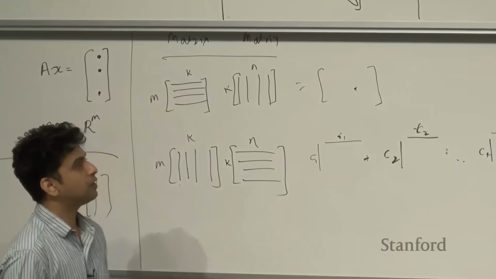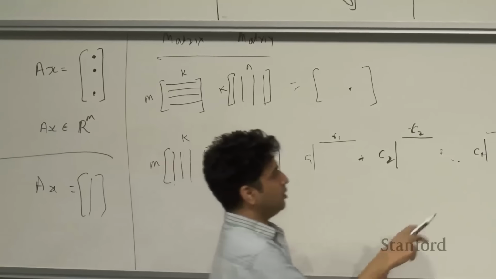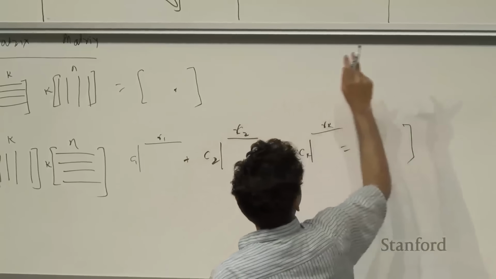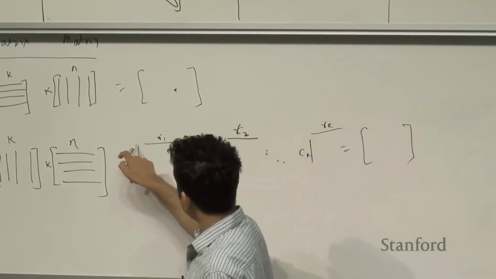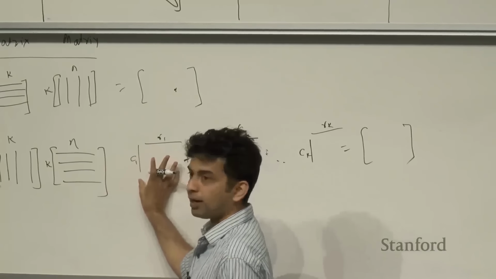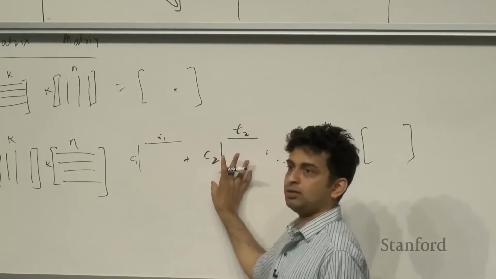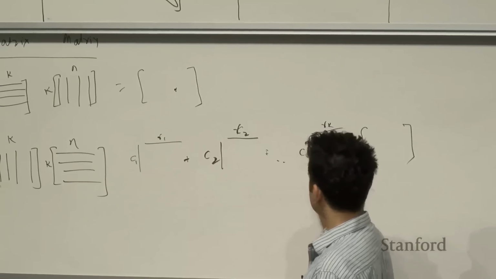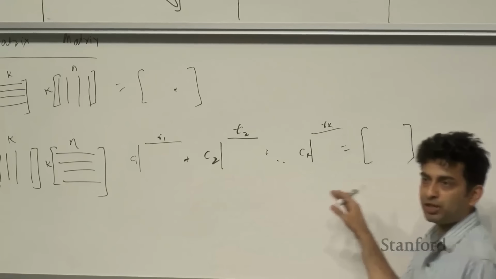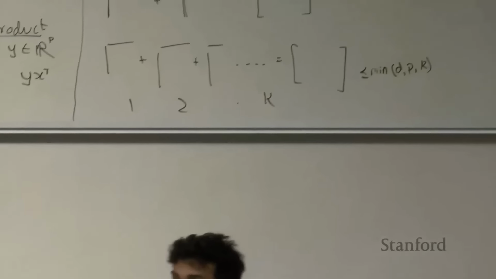Yeah, so the question is, should this be a rank 1 matrix? When you take a column vector and a row vector and take the outer product, this will be a rank 1 matrix. And this is another separate rank 1 matrix, and this is another rank 1 matrix. And when you add k of them, you get potentially a matrix of rank up to the min of m, n, and k.